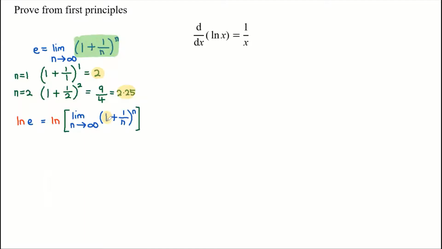So what I'm going to do next is swap the limit and the log around. All right, so we can swap the limit and the log around. So I'm going to have the limit of the natural log of (1 plus 1 over n) to the power n, and we'll put those in the brackets.